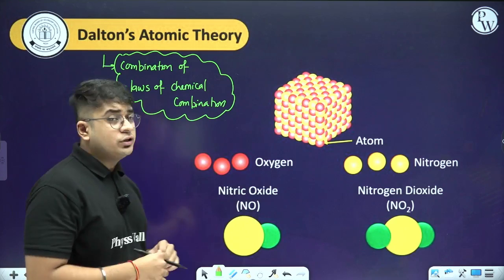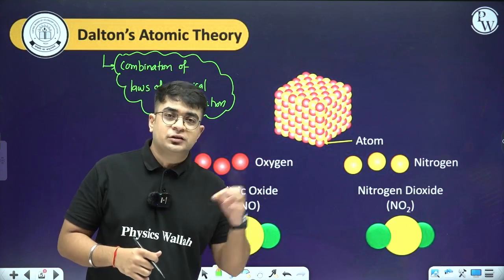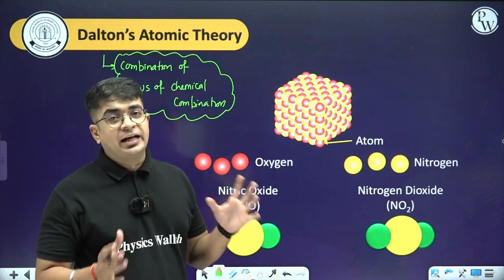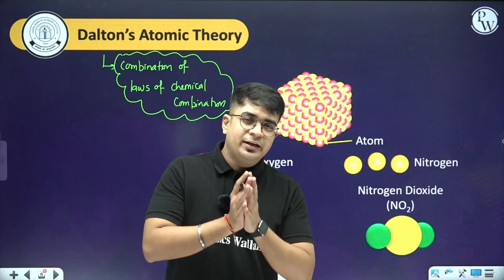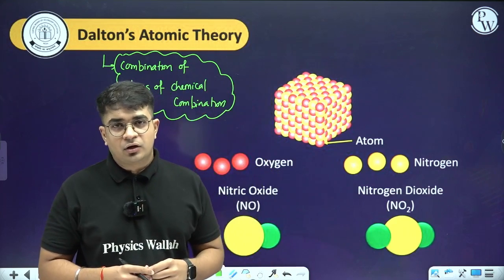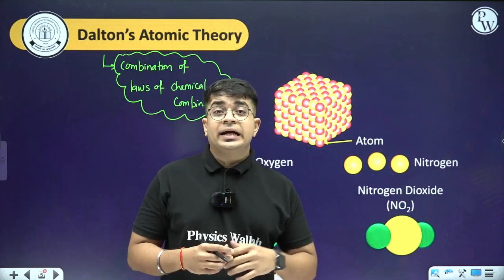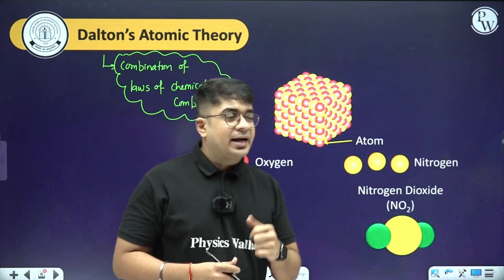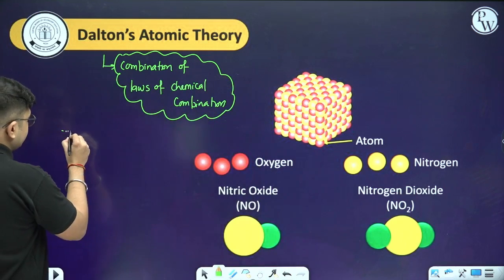Now, talking about the very first postulate of Dalton's atomic theory, it simply says that every type of matter consists of very small, indivisible as well as indestructible particles, which are known as atoms. So the first part is very easy.